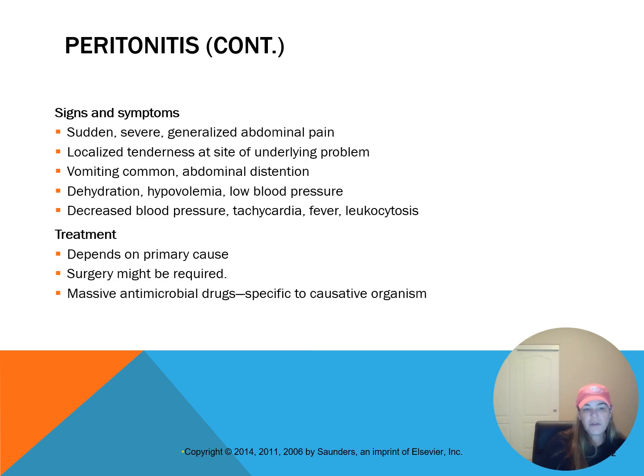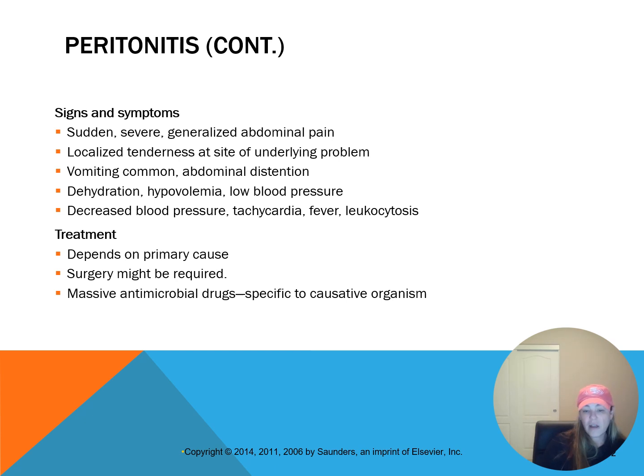Signs and symptoms of peritonitis are usually sudden and severe, generalized abdominal pain, and very local tenderness. Vomiting is very common, abdominal distension is common, and dehydration, hypovolemia, low blood pressure, tachycardia, fever, and leukocytosis are all signs and symptoms of peritonitis, but most likely the tenderness and the abdominal distension are going to clue you into what that problem is.